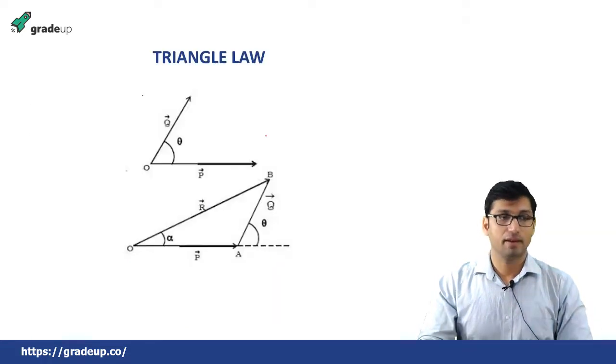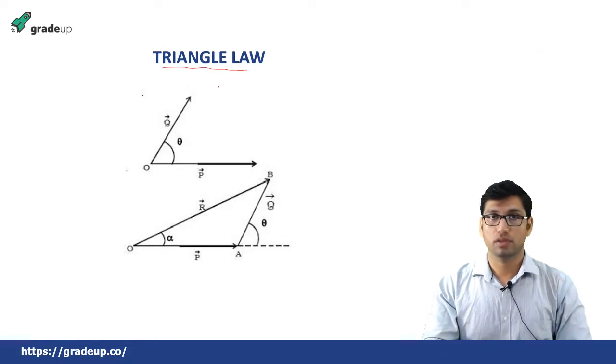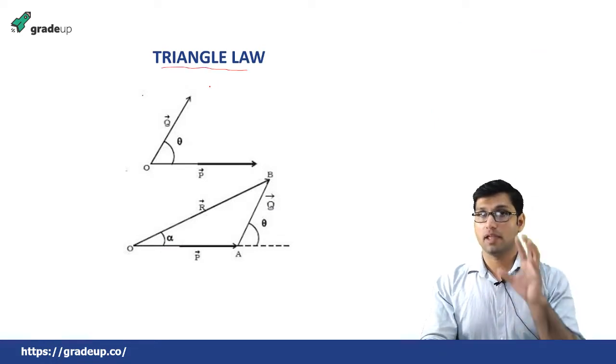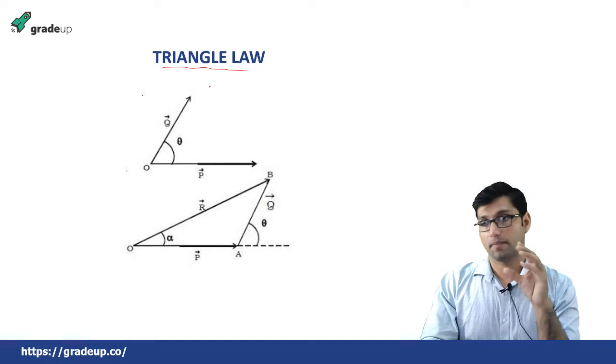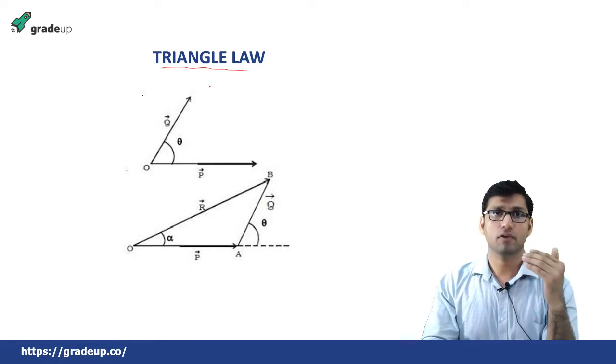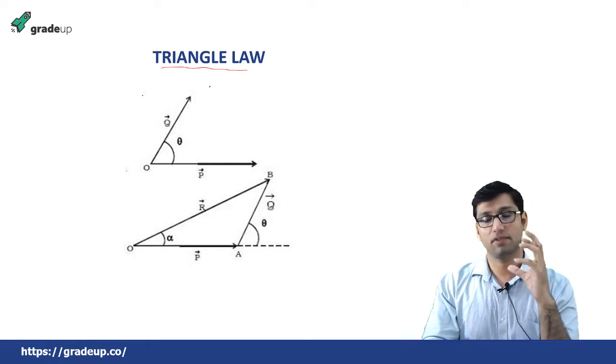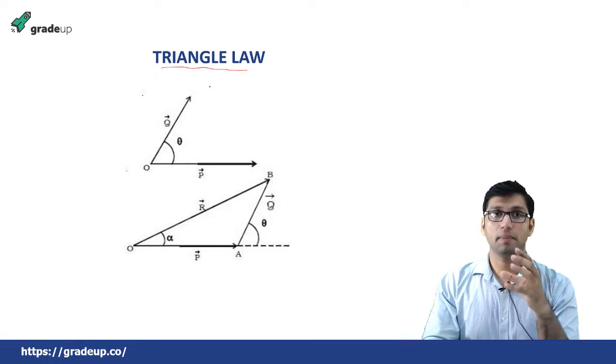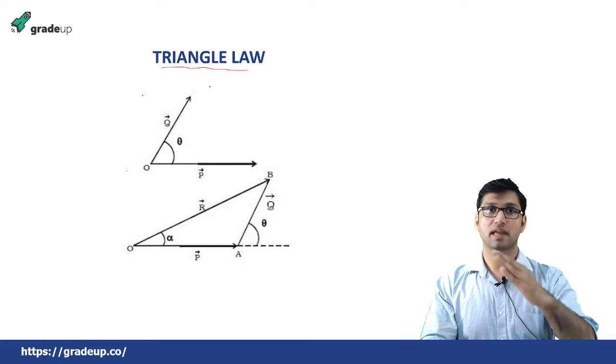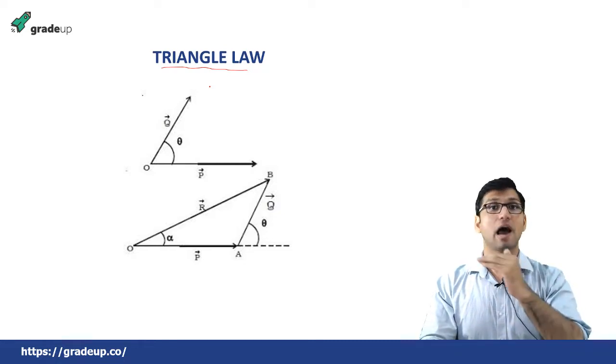The second law is called the triangle law of forces. In the triangle law of forces, we assume that if two forces are represented as adjacent sides of a triangle, then the resultant force will be represented by the closing side of the triangle taken in the opposite order.